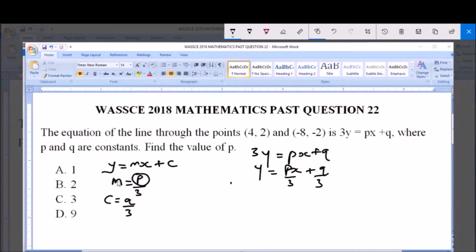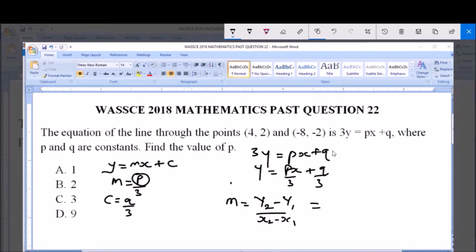So to find p, we simply find the gradient, and then from that we can get p. Now to get the gradient of this line, m is equal to y2 minus y1 all over x2 minus x1.